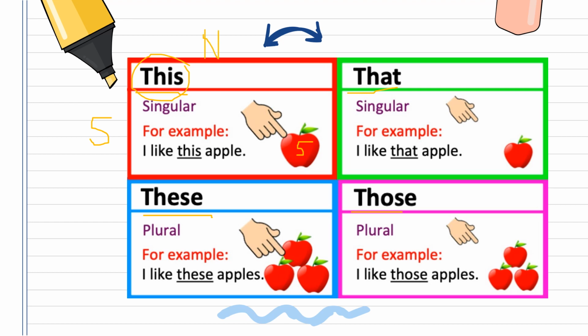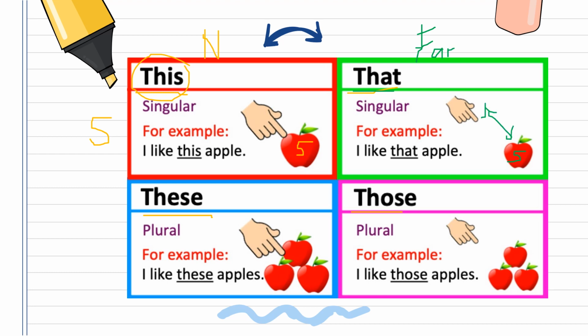So you can say, I like this apple. Singular, near. Next, let's look at that. The object is singular, only one, but it is far from the speaker.